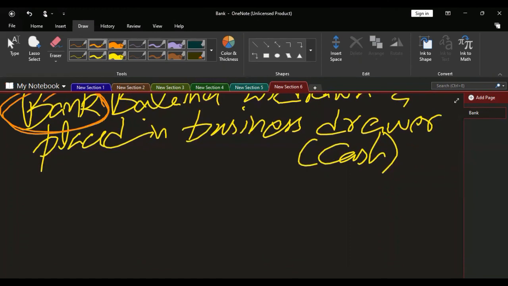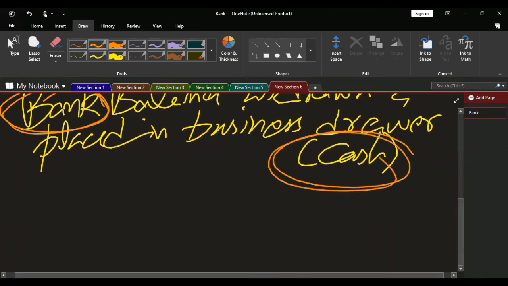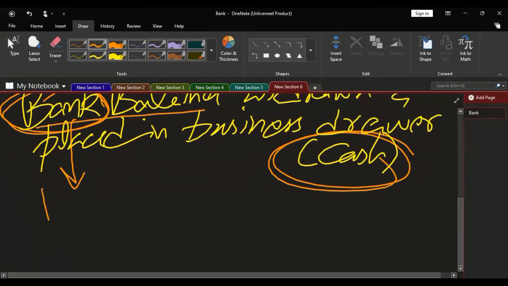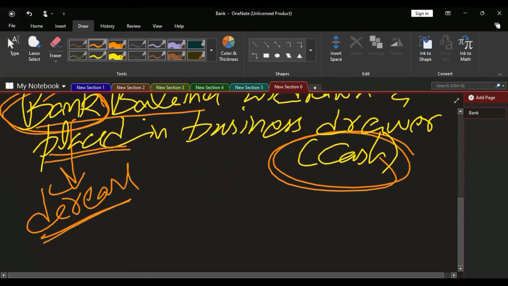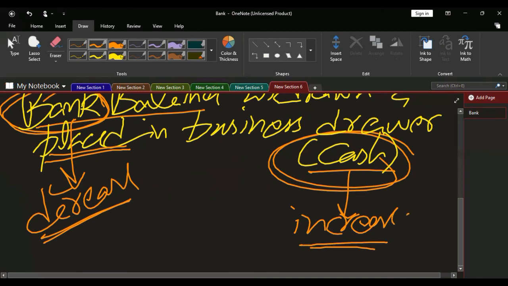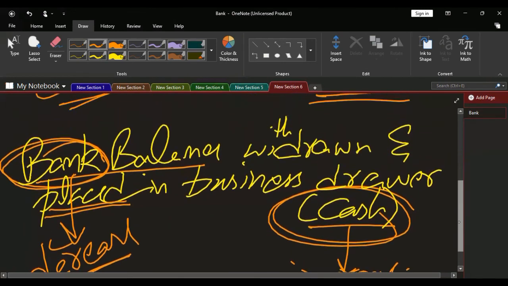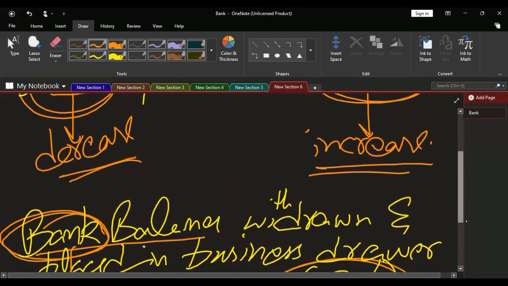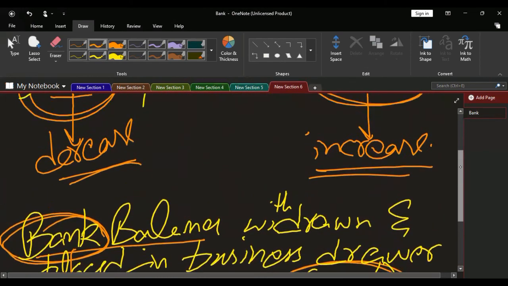First one is the bank balance and the second one is cash. When cash is taken from the bank, then the bank balance will decrease, and when it is placed in the business drawer, then the cash will increase. So, cash to bank transactions have been well explained.